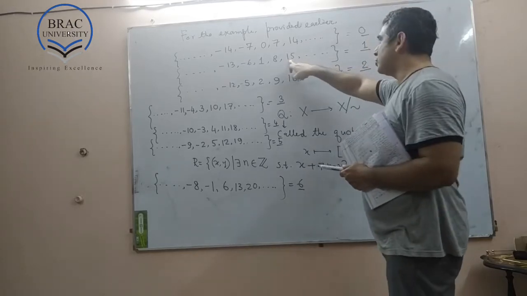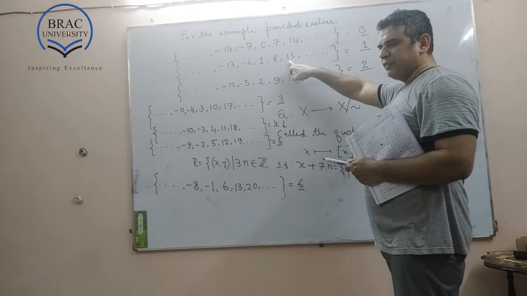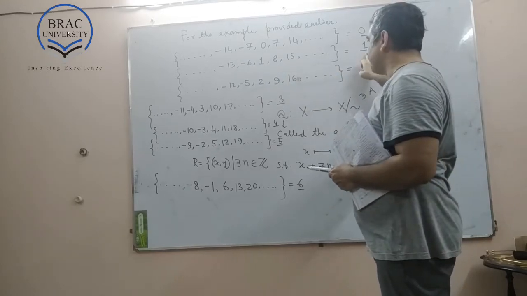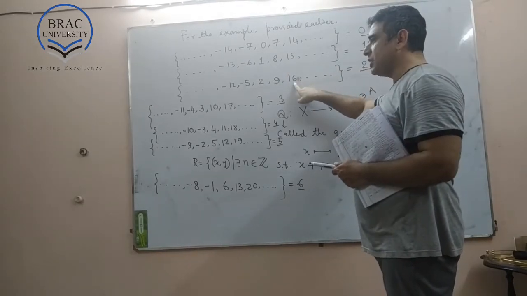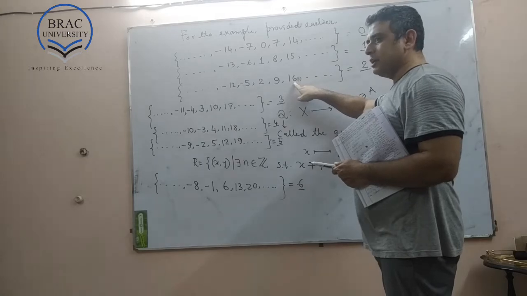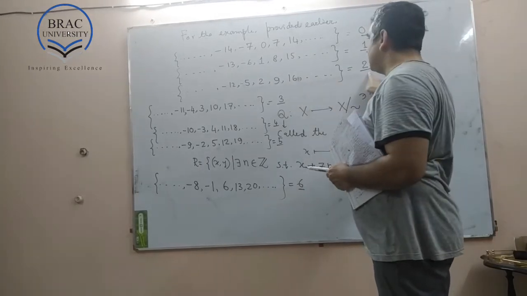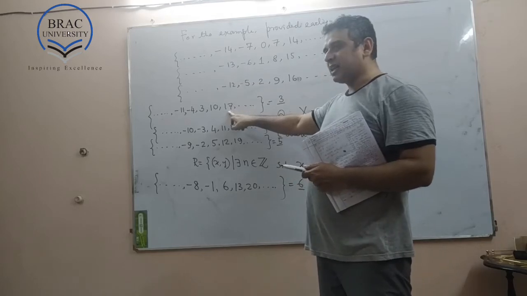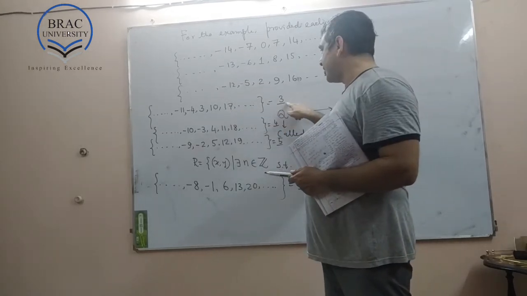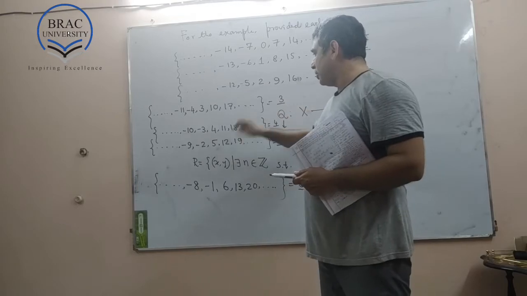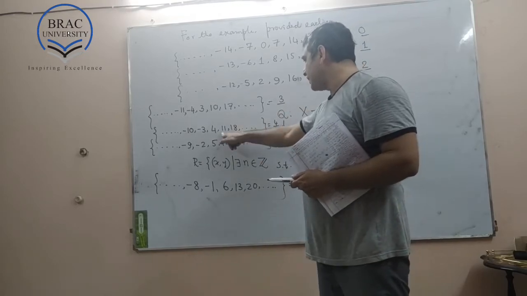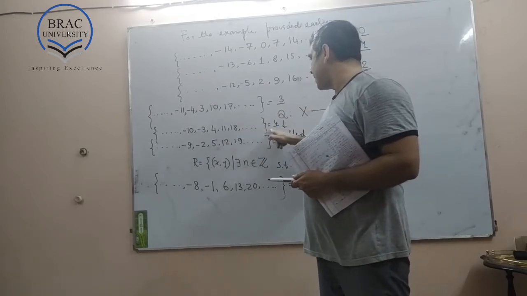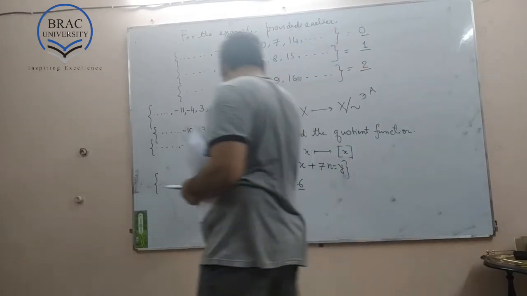Let's say if you choose 15, you divide 15 by 7, you end up with a remainder of 1. If you have 9, you divide by 7, you have a remainder of 2. If you pick up 10, you divide by 7, you have a remainder of 3. You pick up 18 or 11, and divide by 7, you have remainder 4, and so on.